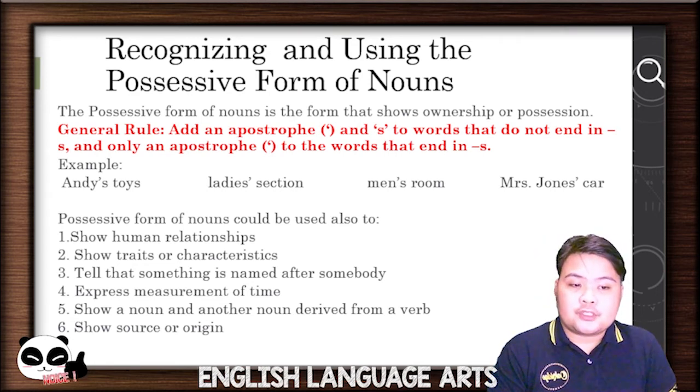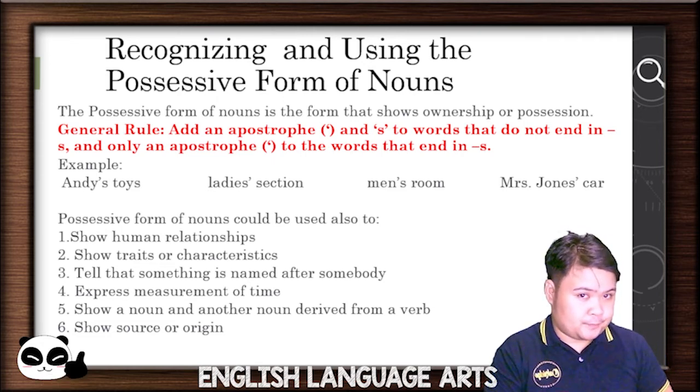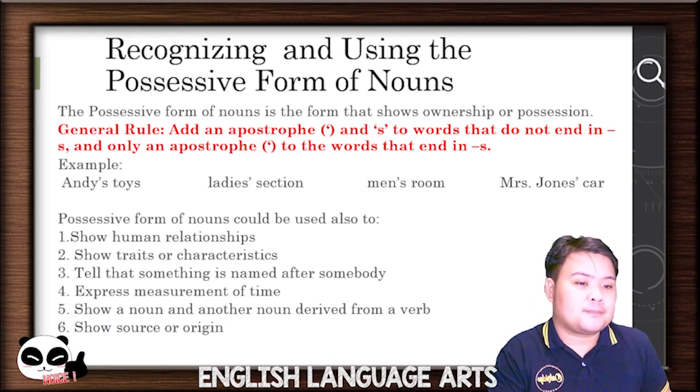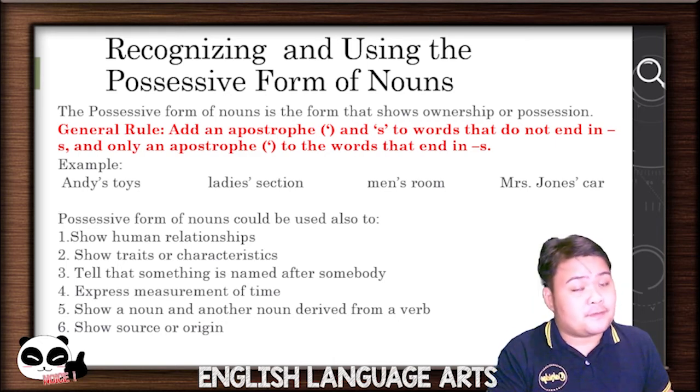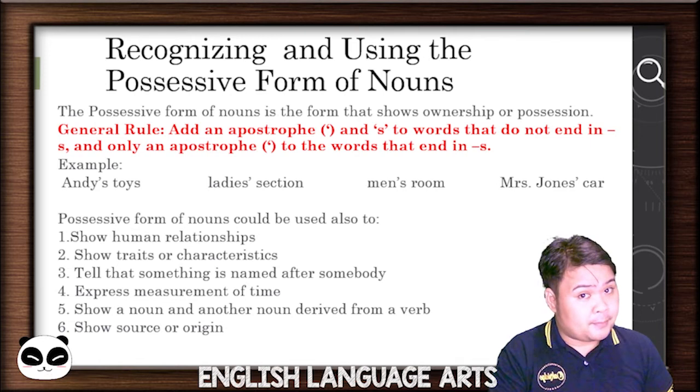Sometimes you also use it to express measurement of time. For example, a day's work, right? How much would you have to spend? You'd have to spend a day's worth of waiting. You would also like to show a noun and another noun derived from a verb. Take, for example, the sun's revolution, the phone's vibration.